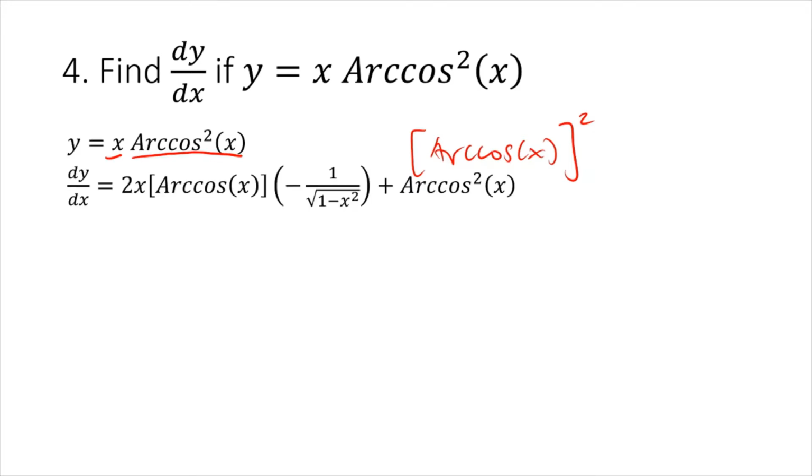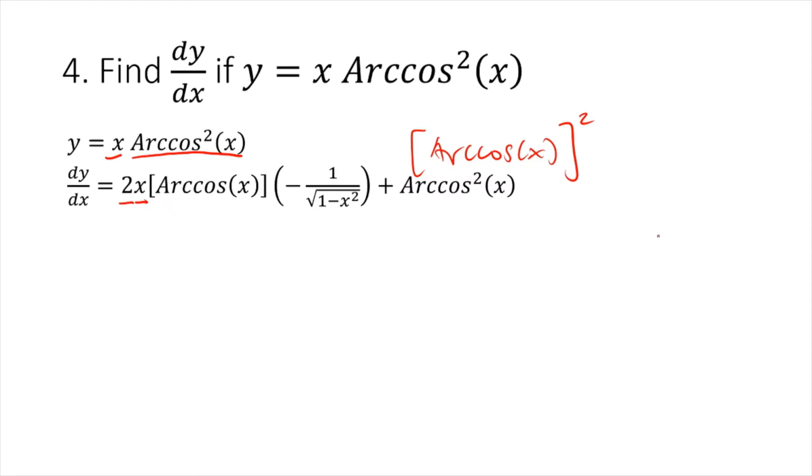We have two terms, again because of the product rule. So first term, just copy x and then differentiate arccosine squared of x with respect to x. Again, arccosine squared of x is the same as the square of arccosine of x, so apply the general power rule. Bring down 2, that's why we have 2 here, and then just copy arccosine, right?